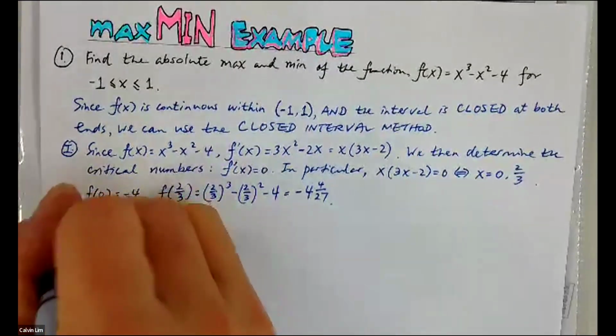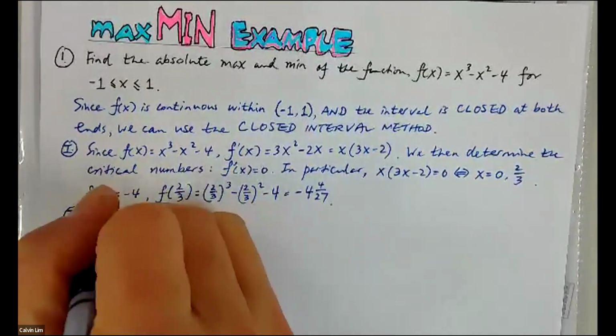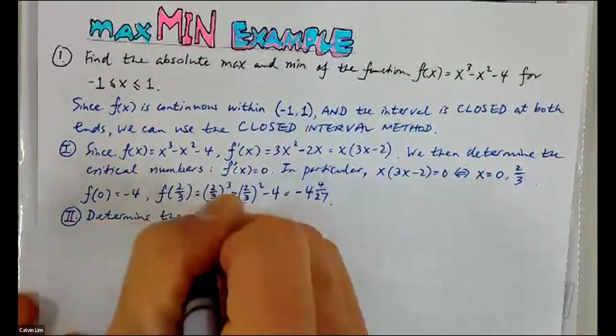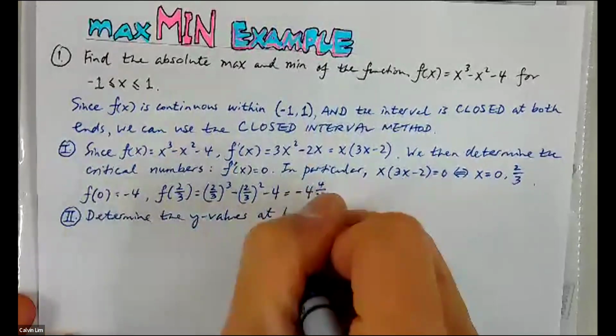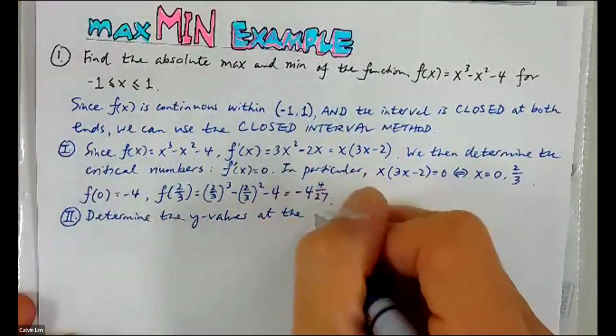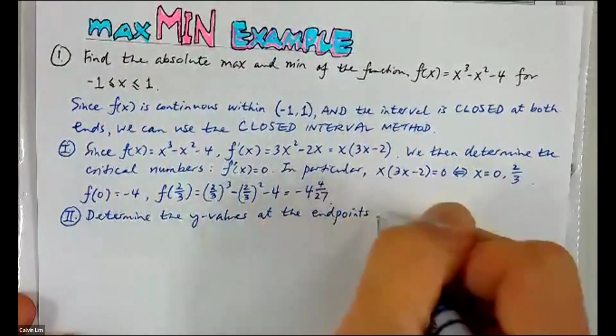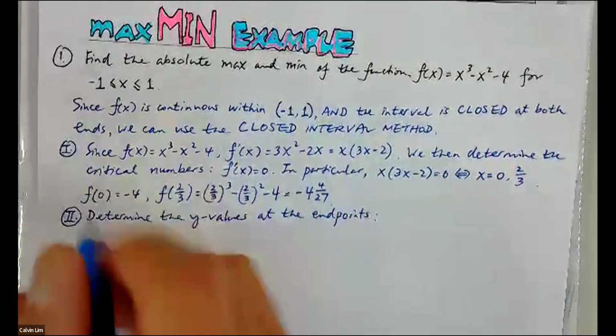Step 2 in the closed interval method: determine the y values at the endpoints. So what are the endpoints? -1 and 1.